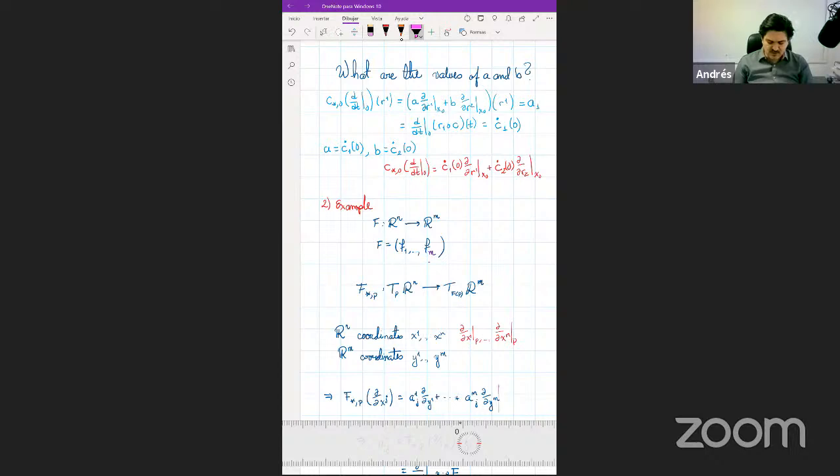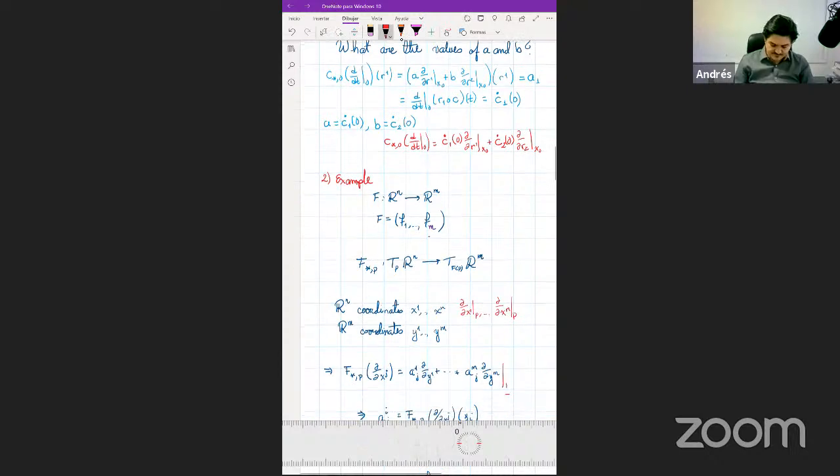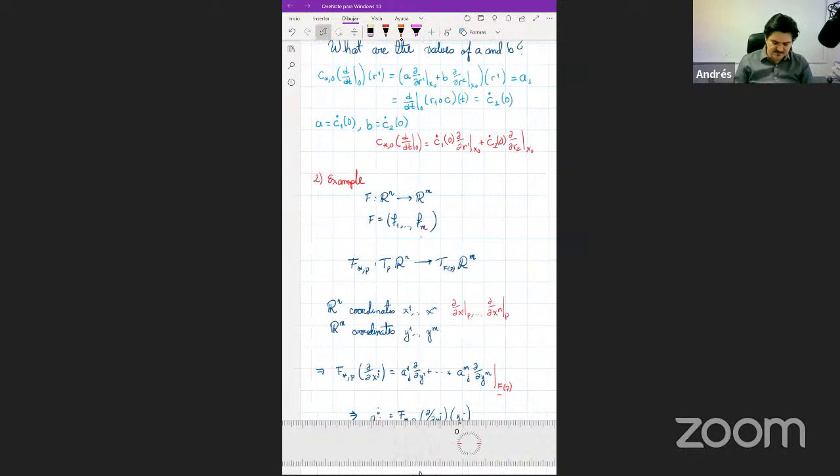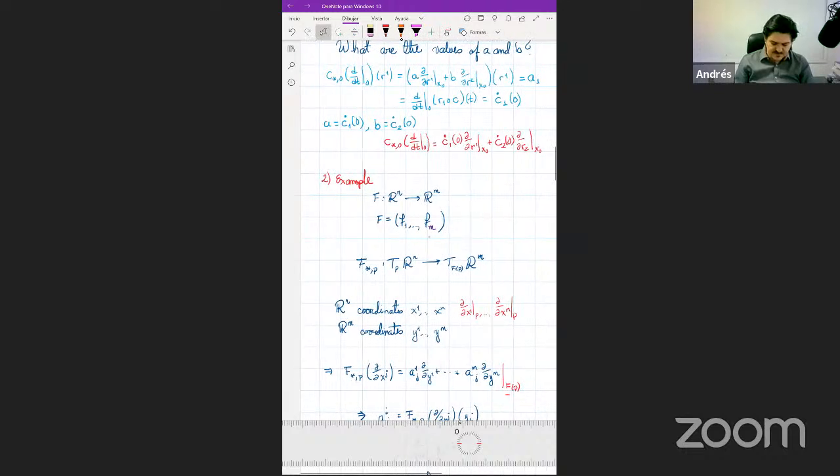Remember that this is supposed to be at F. Similarly, this. So I'm going to start to avoid that, and this is at P. But keep in mind that there is a point of reference in all of this.